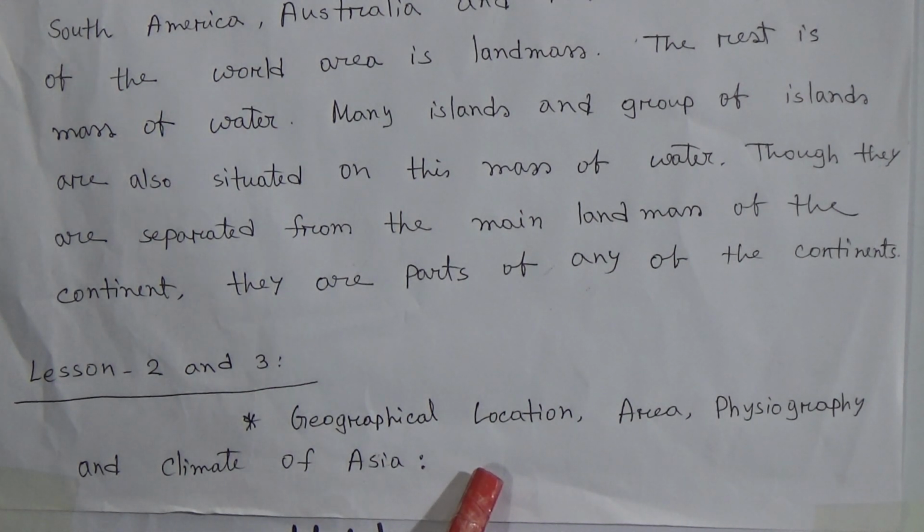To the north of this continent is the North Ocean, to the south is the Indian Ocean, to the east is the Pacific Ocean, to the southwest is the Red Sea and the continent of Africa, to the west is the Mediterranean Sea, and to the northwest is the continent of Europe. Dear students, Asia occupies 1/3 of the landmass of the globe.